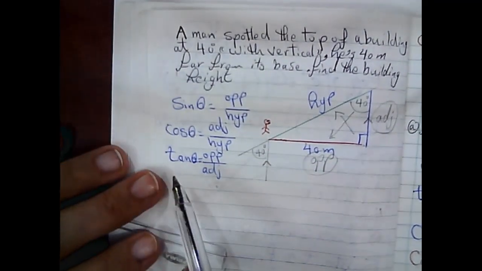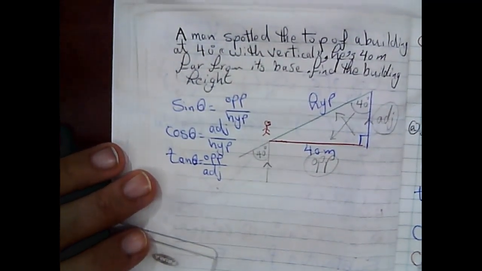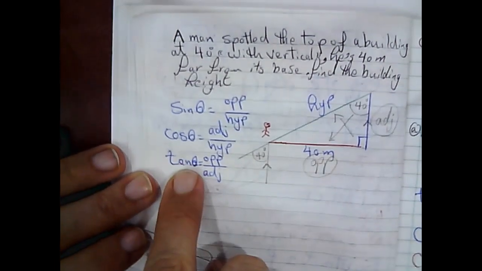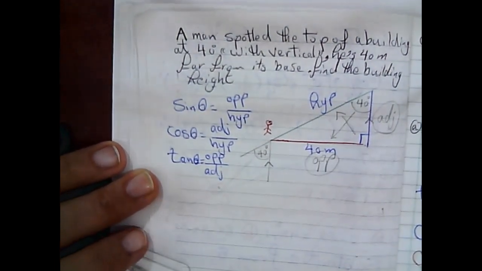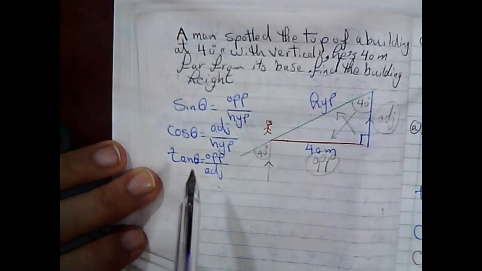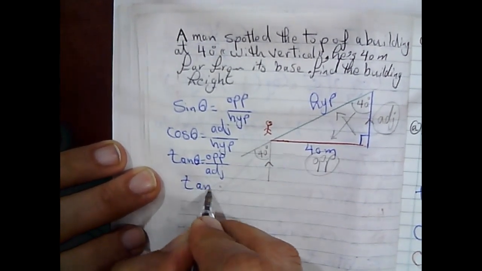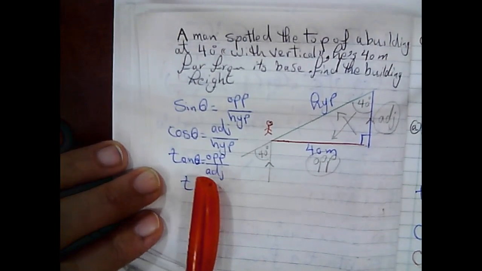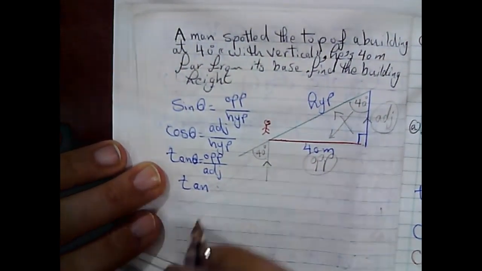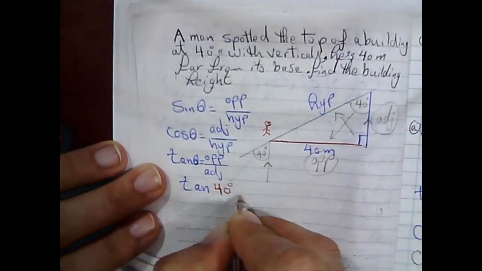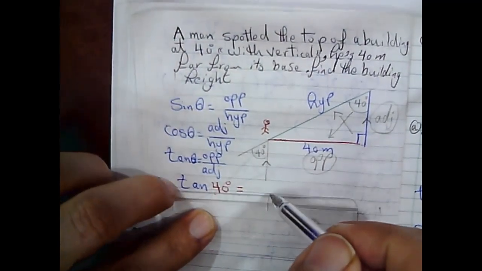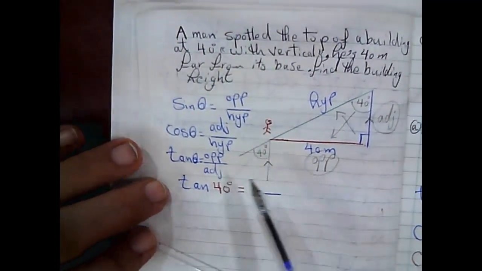But instead of theta, I will replace it by the value 40 degrees. Theta is the angle 40. So I say tan 40 degrees equals the opposite.